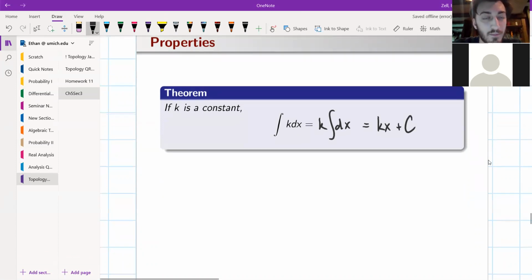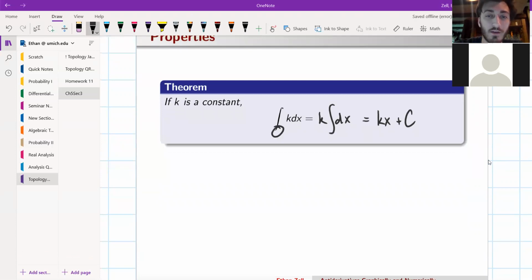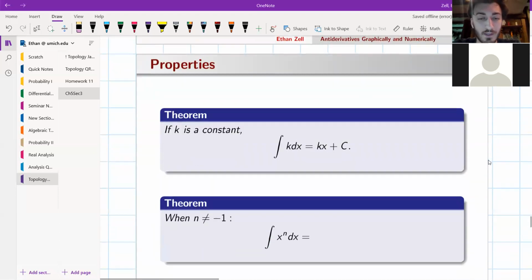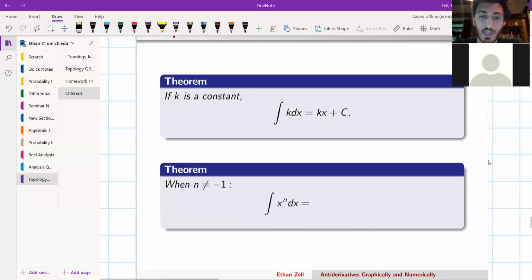And we always have to remember to add the plus c now that there's nothing here and here. These are empty, so we have to be precise and add c. So that's nice. That means the integral of a constant is a line, which is what we would expect, because that's a constant rate of change, right? And the only thing that we know that has a constant rate of change is a line.